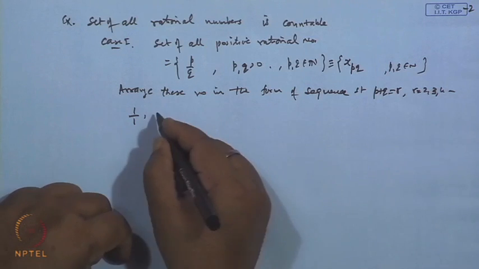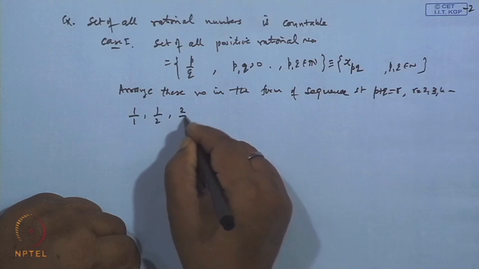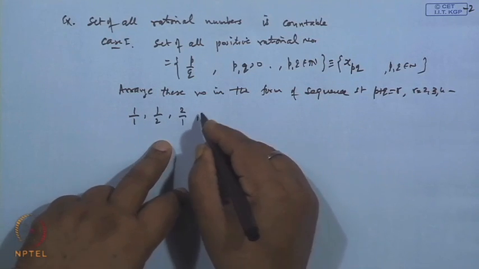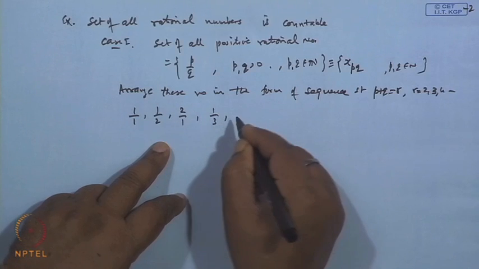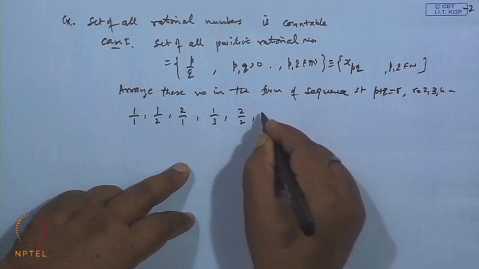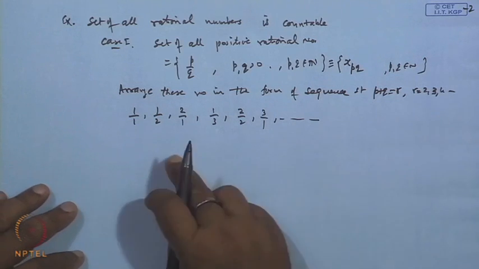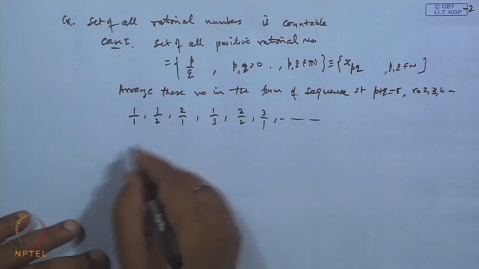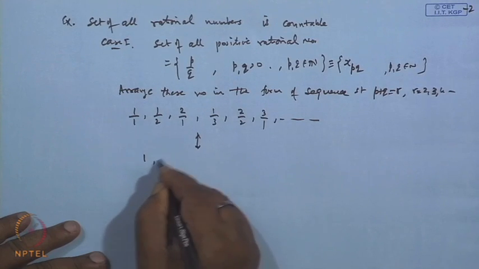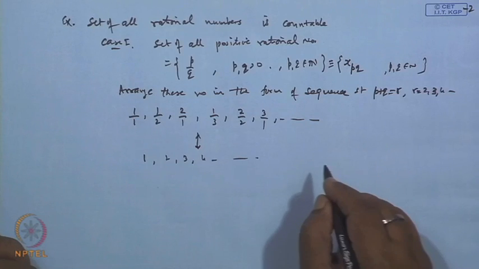Then we can put 1 by 2, 2 by 1, so the sum is 3, and then we can go 1 by 3, 2 by 2, then 3 by 1 and continue this. So, it has a 1-to-1 correspondence with the set of positive integers 1, 2, 3, 4 and so on. So, it is a countable set.